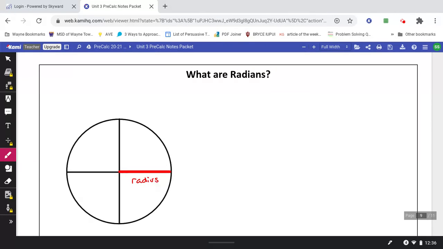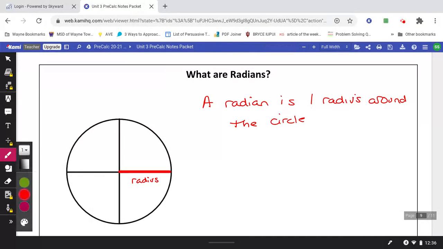A radius is from the center out, and a radian is if you took that one radius and wrapped it around the circle. A radian is one radius around the circle.